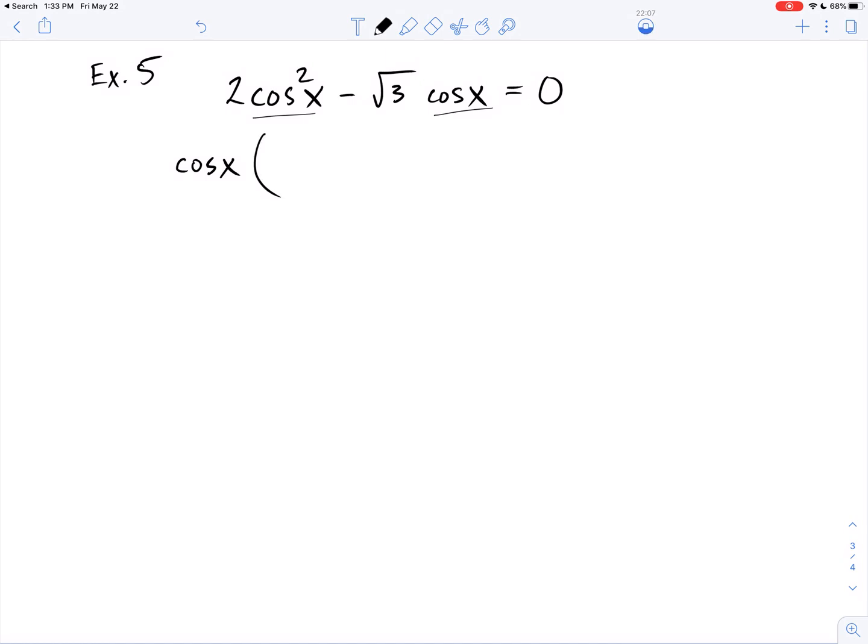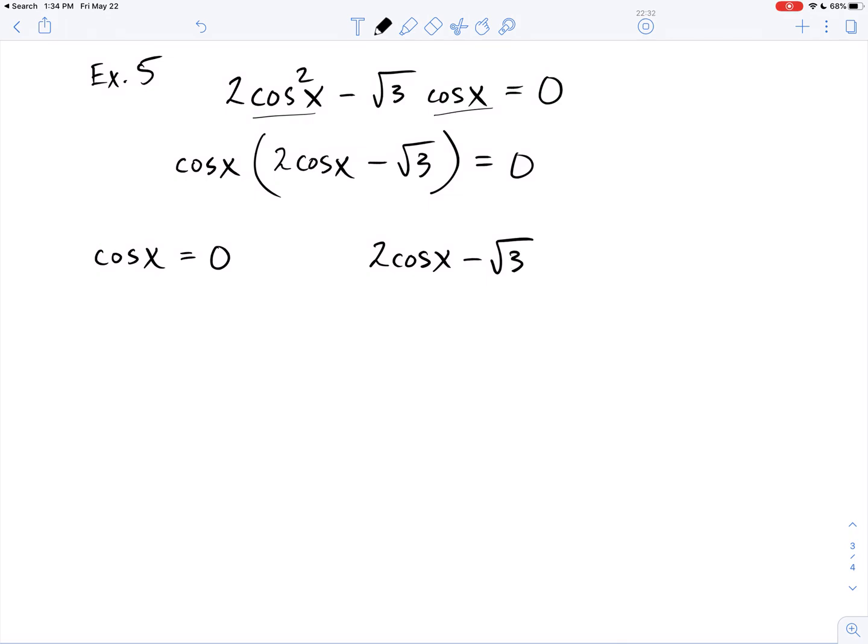And I'm going to say times 2 cosine x, I'm going to work it backwards, minus rad 3 equals 0. Take a look. All I did is I took out a GCF. And when I take out a GCF, I'm going to set this part on the outside equal to 0. And I'm going to set this part on the inside equal to 0.